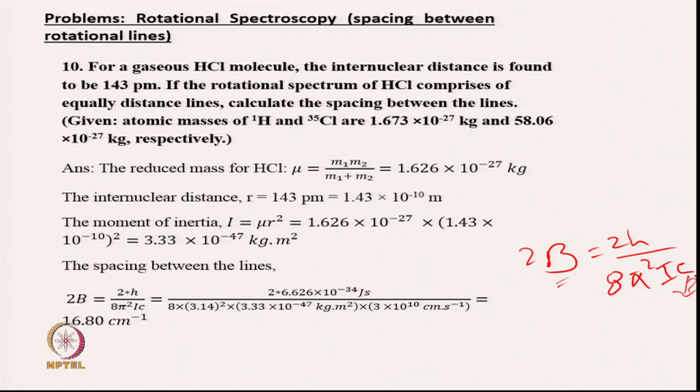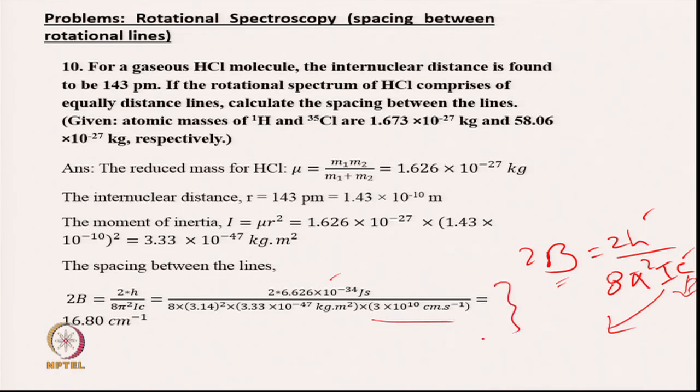First thing we need to know is I, because h and c are constants whose values we know: h is 6.626 into 10 to the power minus 34 joule second, whereas c is 3 into 10 to the power 10 centimeter per second.